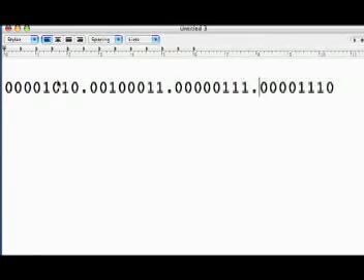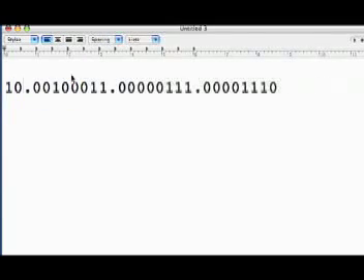Then what we do is we convert each octet into decimal. So in this octet, this is the 1's bit, this is the 2's bit, the 4's bit, the 8's bit, and so on. So it's 1 times 0 plus 2 times 1 plus 4 times 0 plus 8 times 1 plus 16 times 0 plus 32 times 0 plus 64 times 0 plus 128 times 0. So this is 8 plus 2, which is 10. Here, 1 plus 2, not 4, not 8, not 16, plus 32.